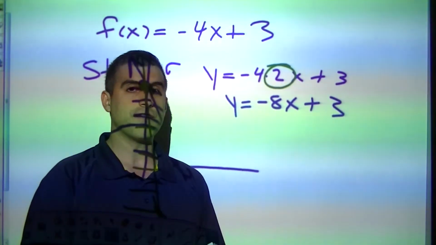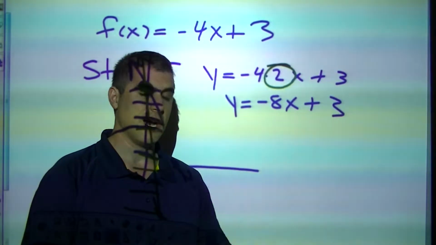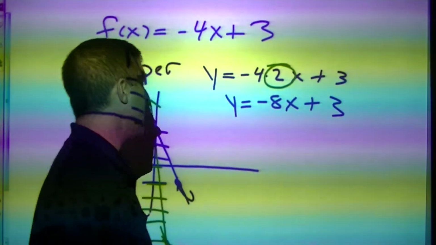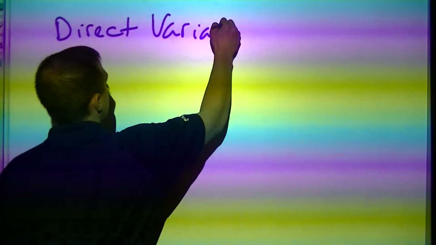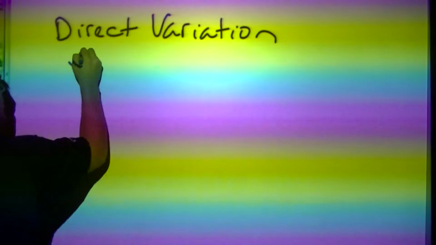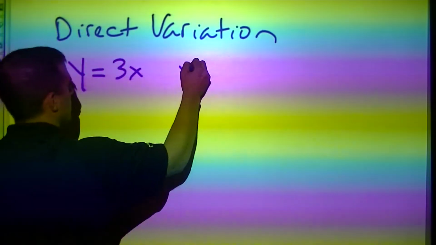I want to shift directions and now talk about direct variation. In some of these questions, we've been going over direct variation. Those are equations that look like this.